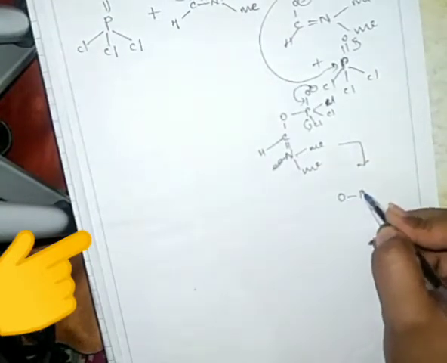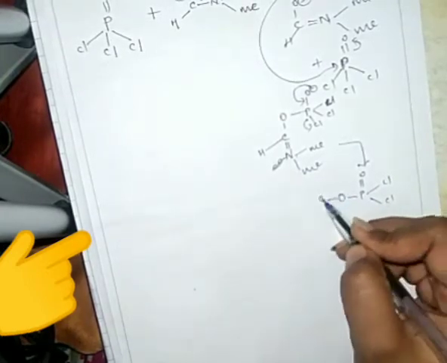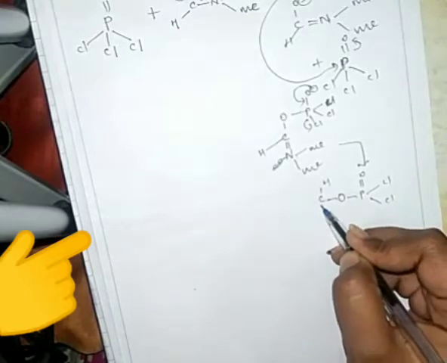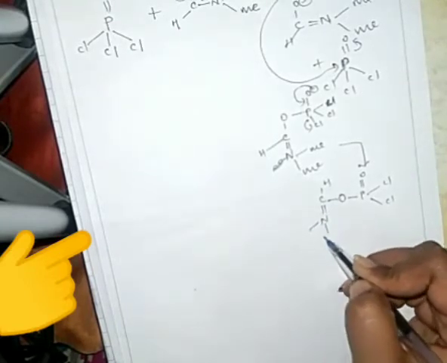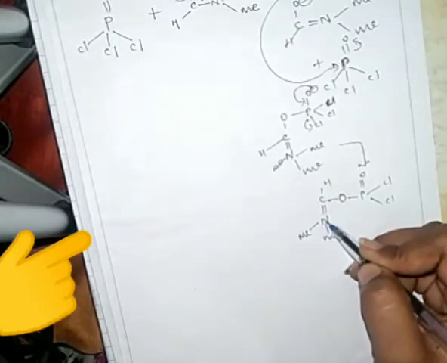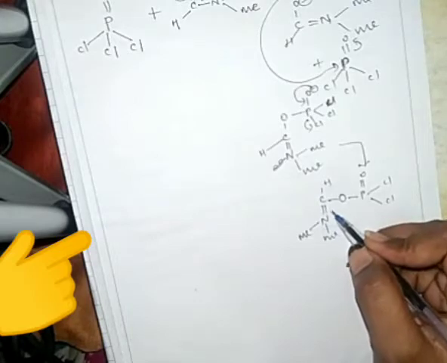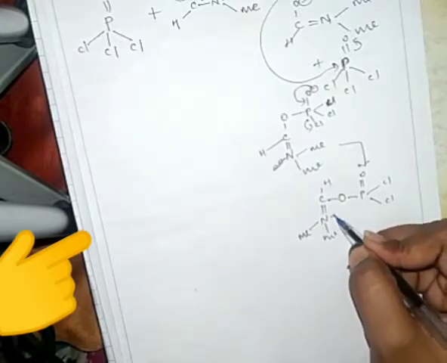We get oxygen phosphorus double bond oxygen chloride, and this is carbon hydrogen double bond nitrogen Me. Here we see four bonds on nitrogen and we know that nitrogen is not stable with four bonds, so there is a plus charge on nitrogen.